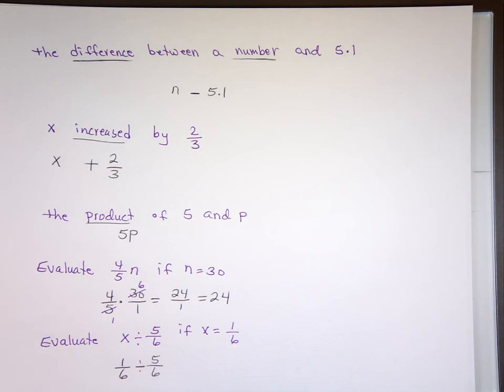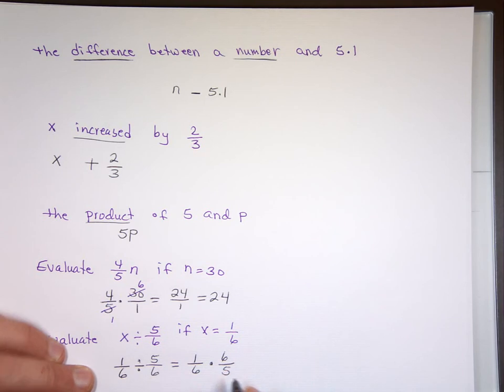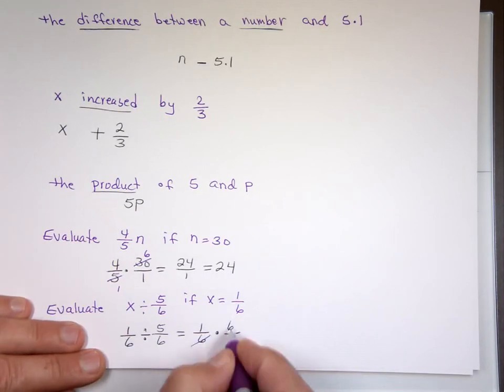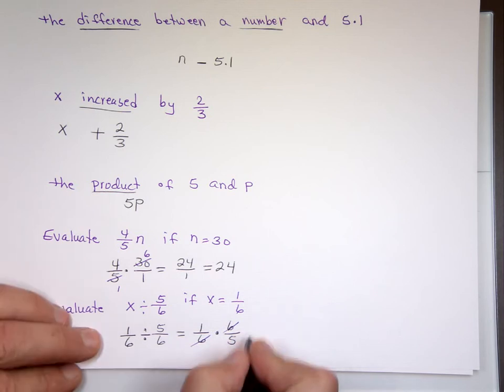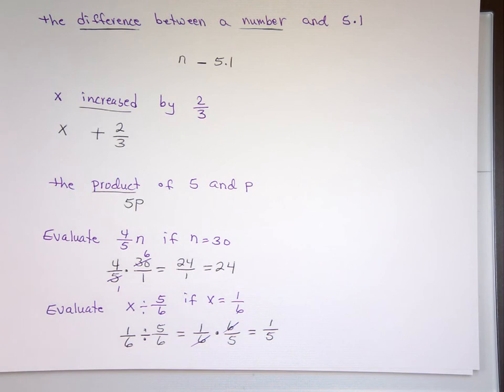Dejavan, remember what the rule was last time? Yep, KCF. Keep, change, and flip. What happened to the 6's in the bottom? They cancel each other out. You're going to end up with what? 1/5. Keep the first one, change to multiplication, flip the second number.